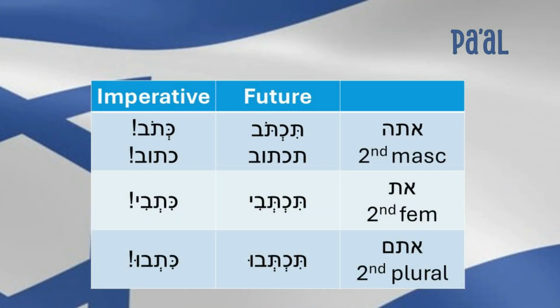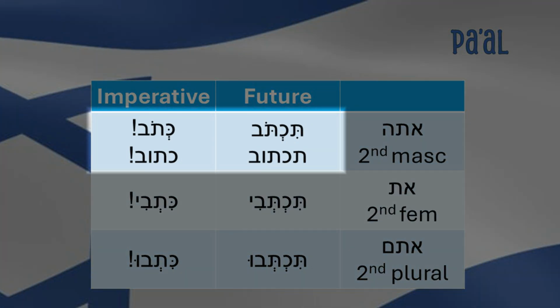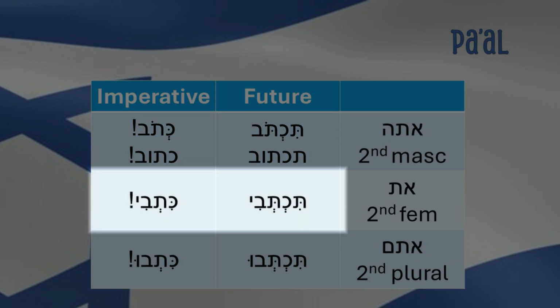So when we look at all three forms here, we see that the ata form is just tichtov and then ketov for the imperative. So no problem there. But when we have the at form, it's tichtevi.